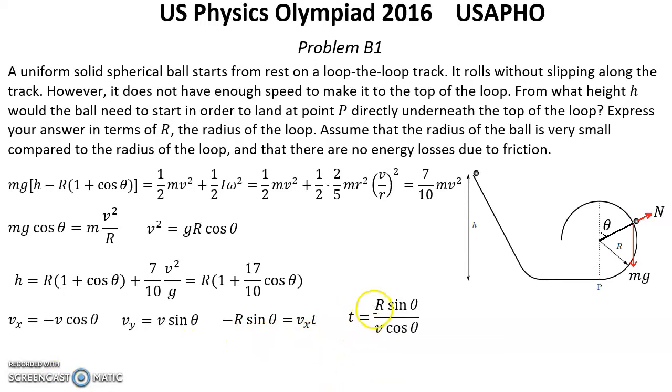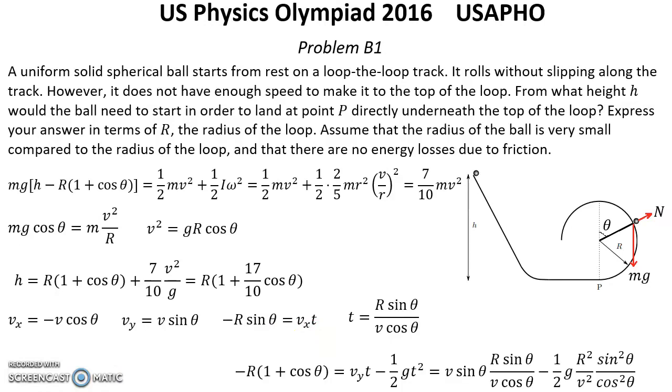T equals r over V multiplied by sine theta over cosine theta. Next step is to input this time into the expression for total vertical displacement. For vertical displacement we have negative r multiplied by 1 plus cosine theta. That must be equal to Vyt minus 1/2 gt square. The time we take from here and put here.